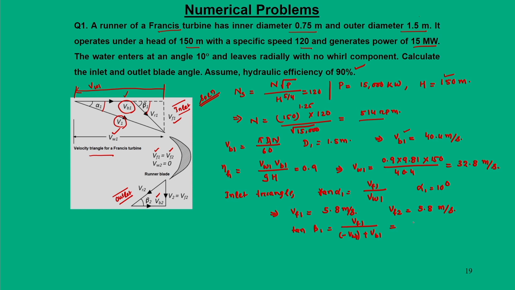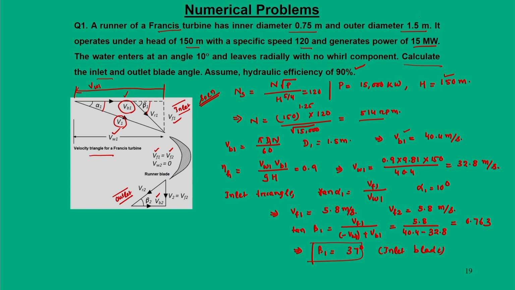So, considering this, we say 5.8 divided by 40.4 minus 32.8. So, this is 0.763. So, this will give you beta 1 as 37 degree. So, we have inlet and outlet blade angles. So, we have first beta 1 is 37 degree, it is inlet blade angle.